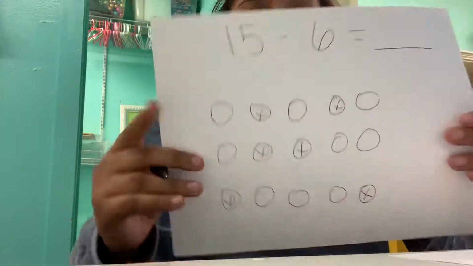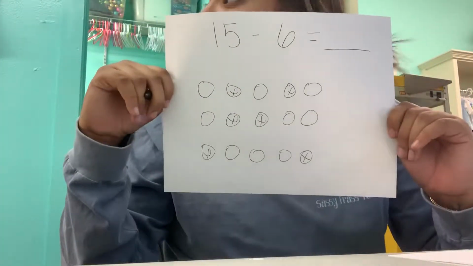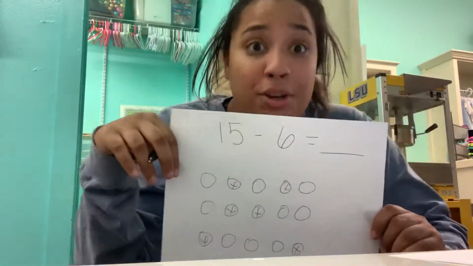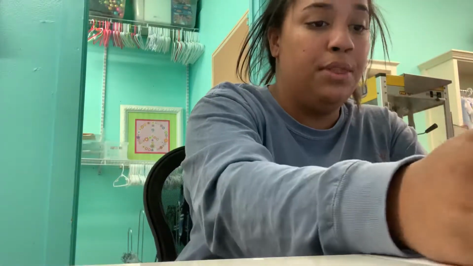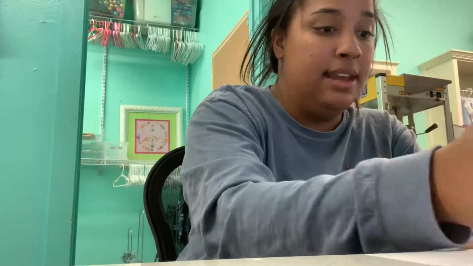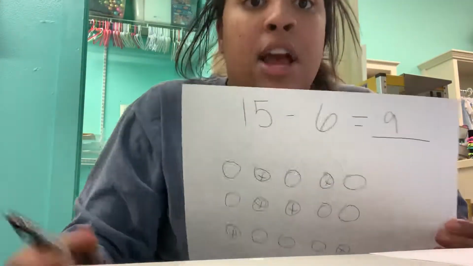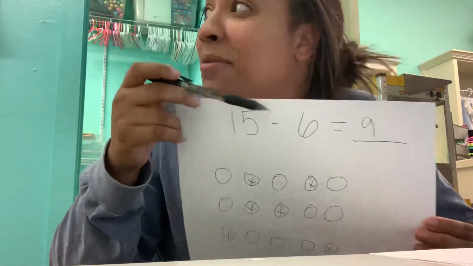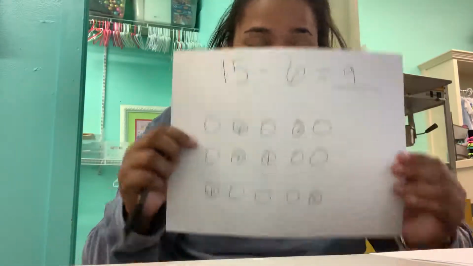I drew them all over. Now to figure out our difference, we're going to count the ones that do not have X's on them. 1, 2, 3, 4, 5, 6, 7, 8, 9. So there's 9 that don't have X's. So that must mean 15 take away 6 equals 9.